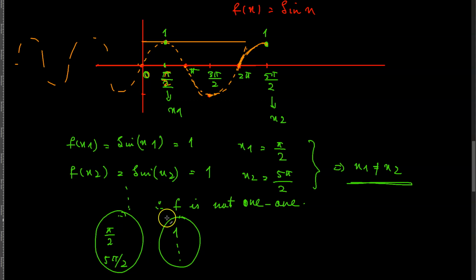This is your domain, this is your range. Now here, as you saw, f of pi by 2 is equal to 1. F of 5 pi by 2 is also equal to 1, right? And there are also countless inputs that you can find for which the output of the function is equal to 1.